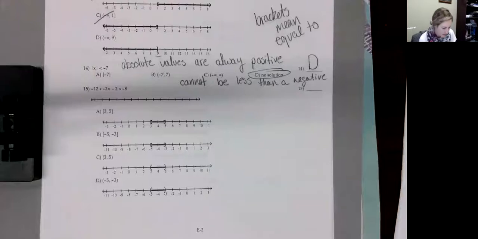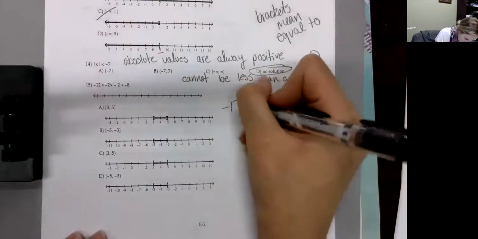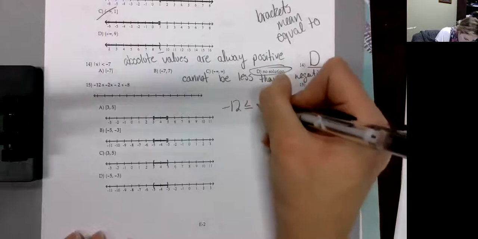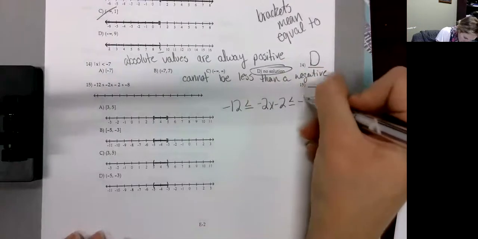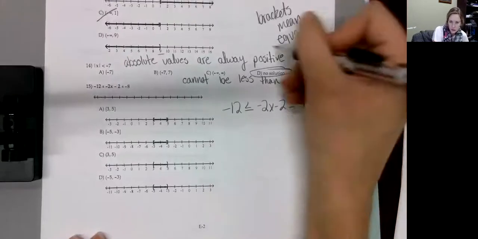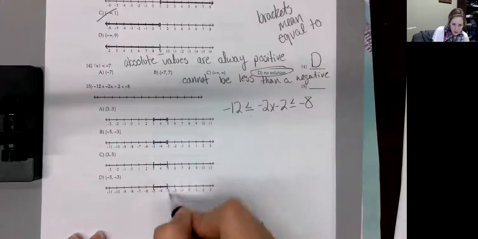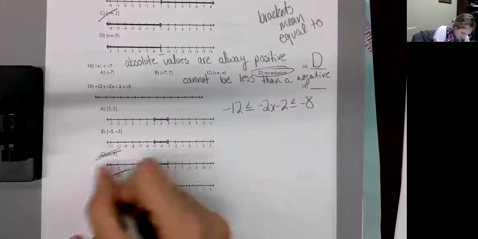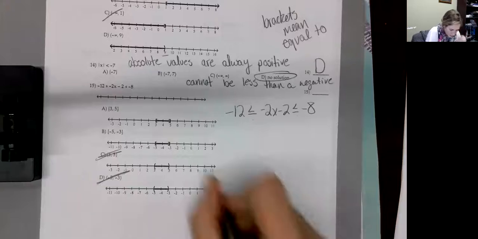Okay, 15. Negative 12, and I'm going to write over here. Negative 12 is less than or equal to negative 2x subtract 2, which is less than or equal to negative 8. All the brackets, so brackets mean equal to, so these two aren't options because they have parentheses.